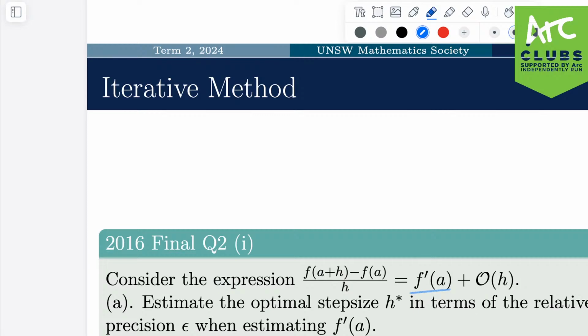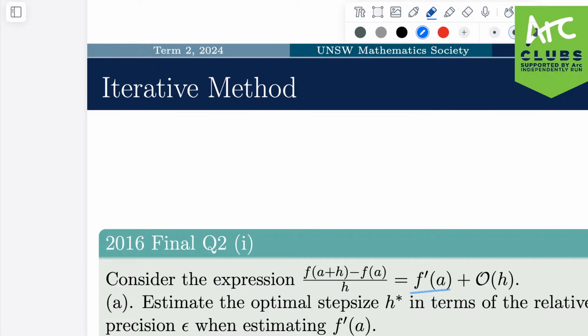So we know that our truncation error will just be O of H. And O of H is also an expression of H, right? So I'm just going to write it as C1 times H. Again, I don't really know what C1 is, but I know it's just a constant, because big O of H is just an expression of H.